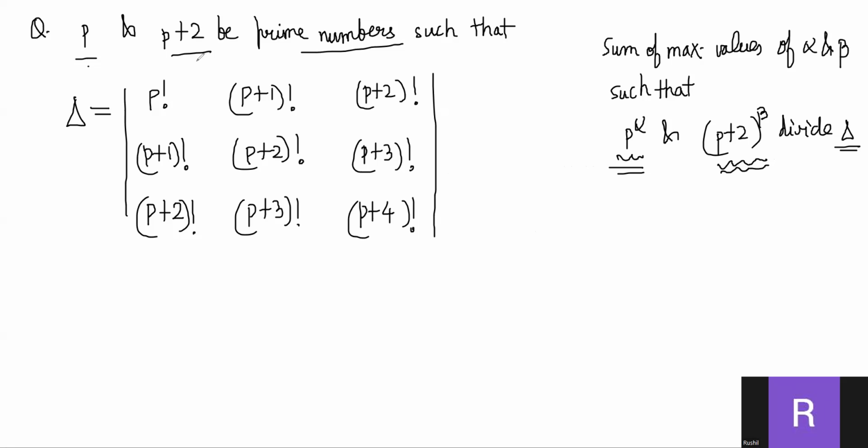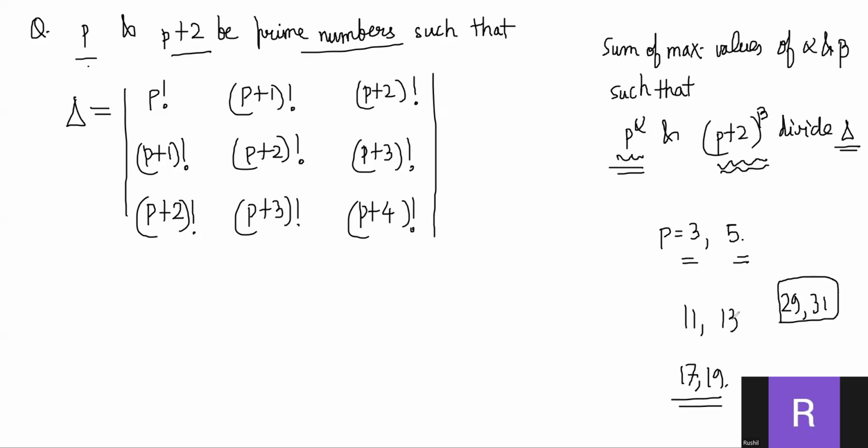If you want to make the question easier, you can just take 3 and 5 and find the power of 3 to the alpha, 5 to the beta. This result should be valid for all such twin primes: 11, 13, 17, 19, 29, 31. The answers will remain the same for all situations.